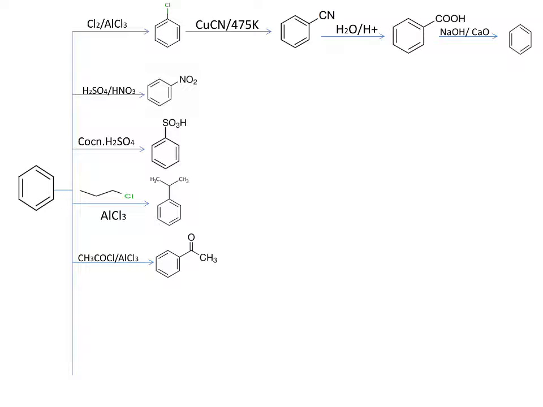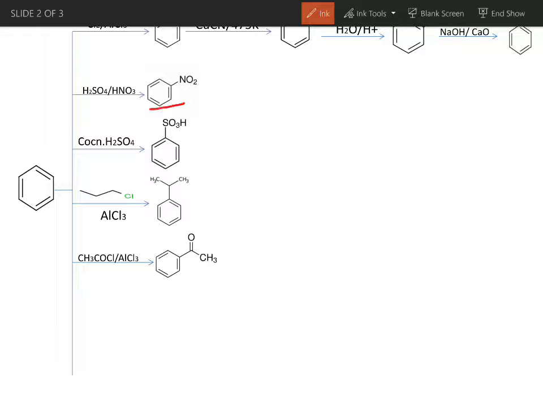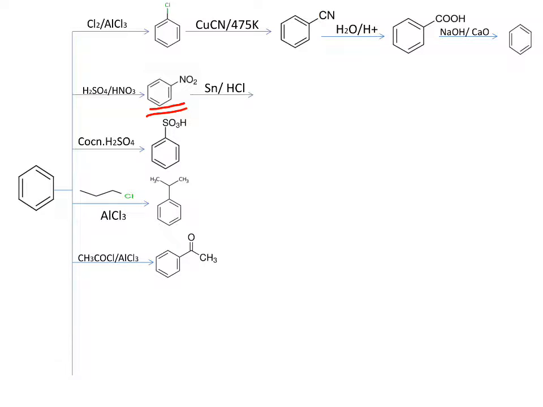Next, benzene is reacted with nitrating mixture and forms nitrobenzene. Now this nitrobenzene is further reacting with Sn/HCl. Tin in hydrochloric acid is known as a reducing agent. This is a particular or selective reducing agent.